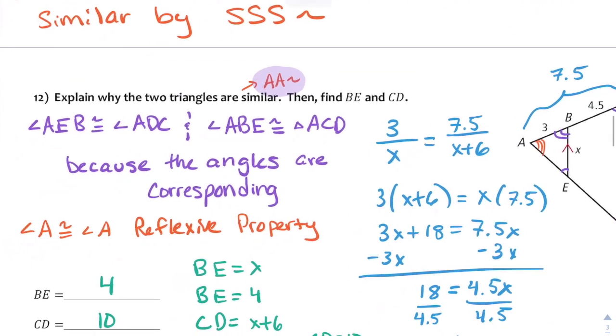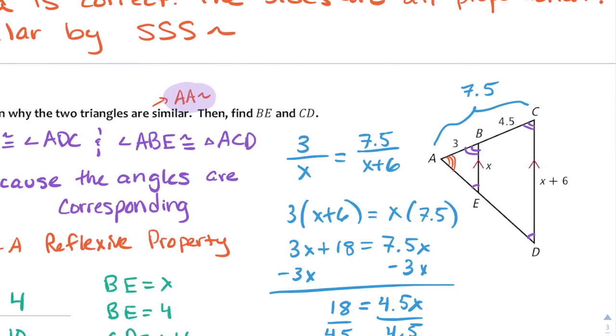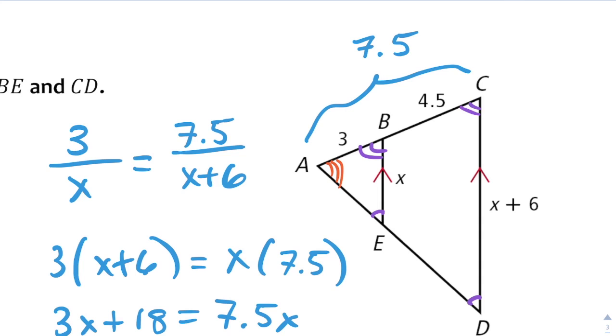In number 12, we are given two triangles. Again, we cannot use side splitter. We have to go in order. Well, we know that this angle corresponds to that angle, so they're congruent because the lines are parallel. This one is congruent to this one because they're corresponding angles.